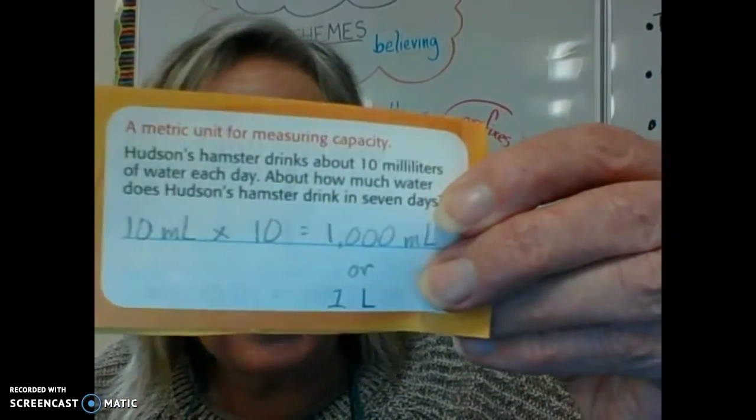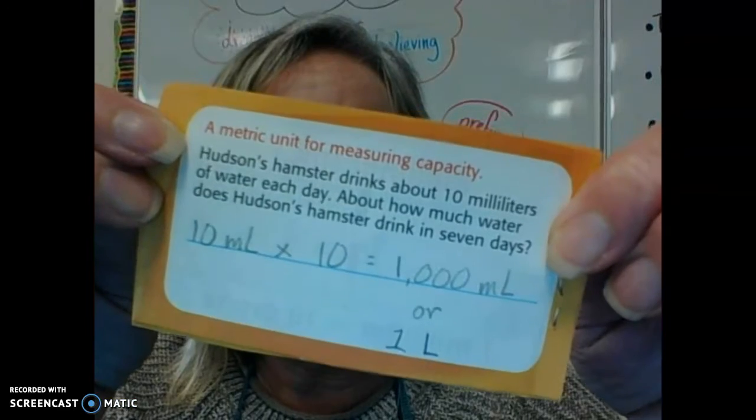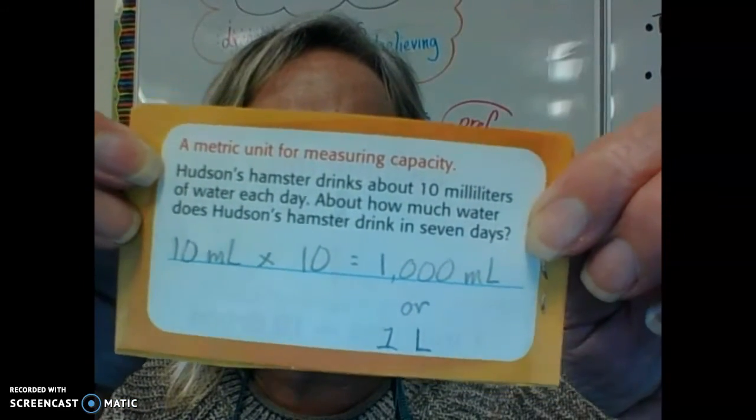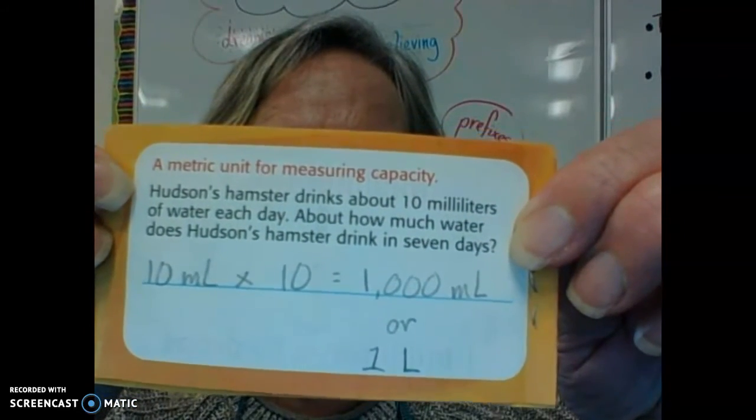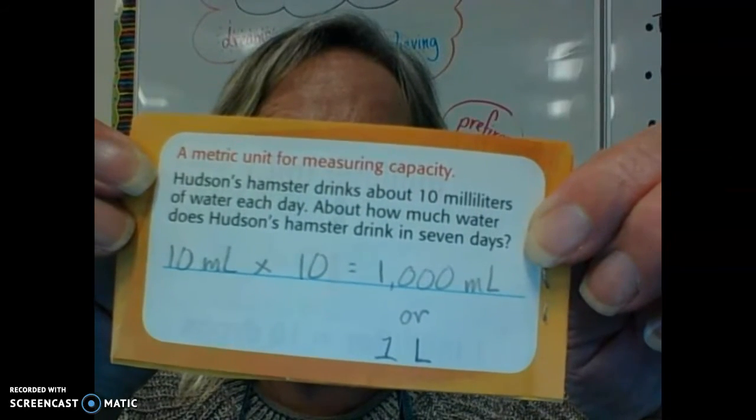Hudson's hamster drinks about 10 milliliters of water each day. About how much water does Hudson's hamster drink in 7 days? Well, now there's a math problem for you. So you can see that I said 10 milliliters times 10 days equals 1,000 milliliters.